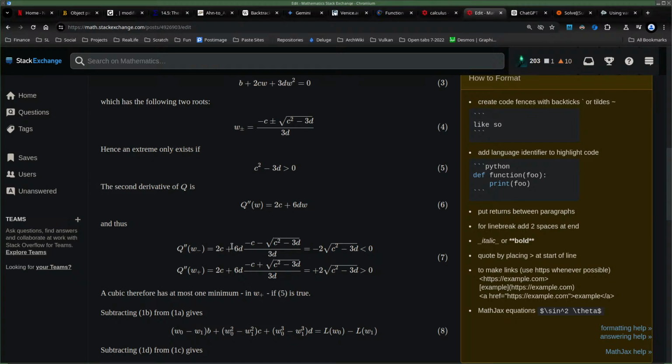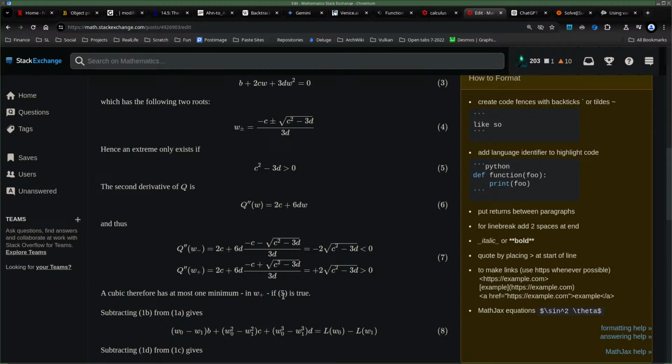Then the d cancels, and this becomes a 2, so the c cancels, so you end up with minus 2 times that, which is less than 0. And if the second derivative is less than 0, you have a maximum. Yep, therefore the cubic has at most 1 minimum in W plus.